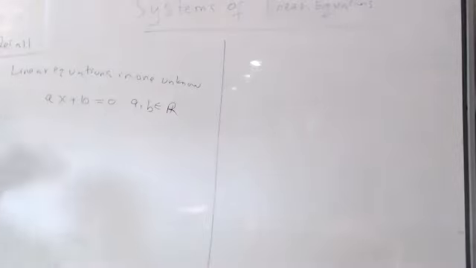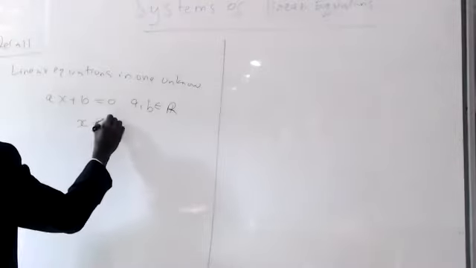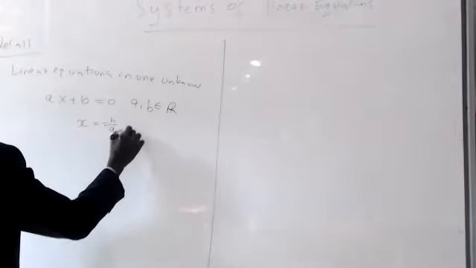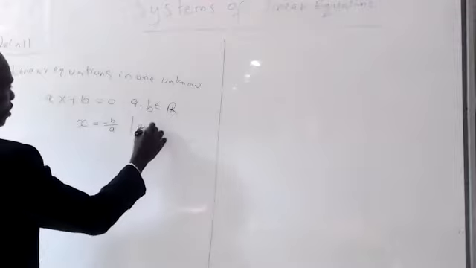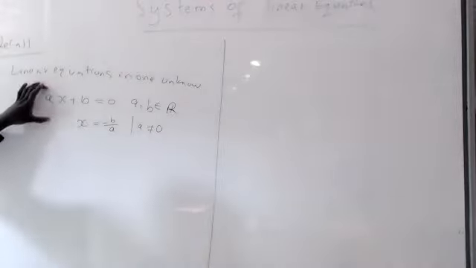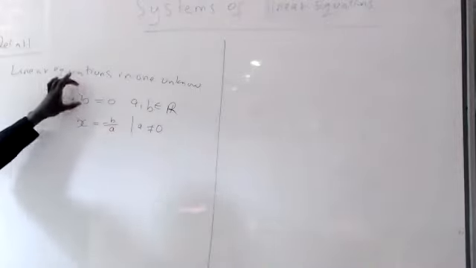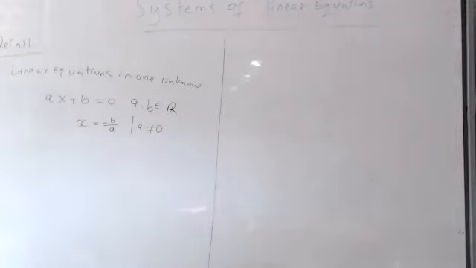This was very easy to solve. We simply make x the subject of the formula, giving x is negative b divided by a. Of course, a must not be 0. When a is 0, you don't have a linear equation, only a constant.